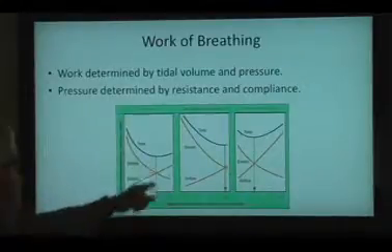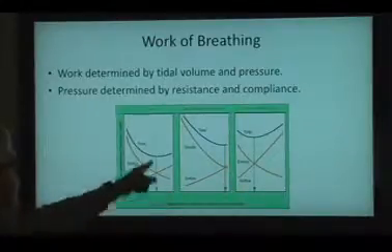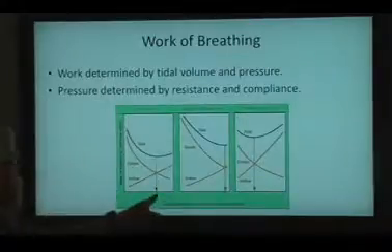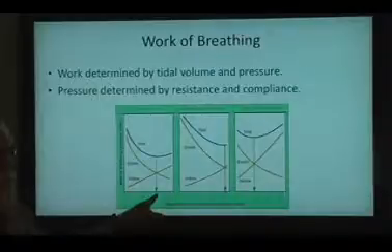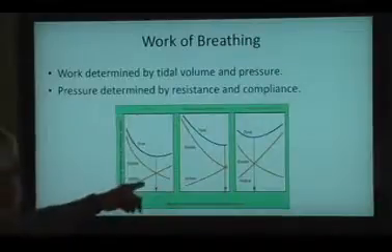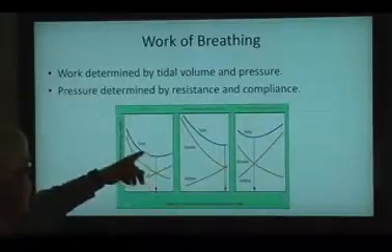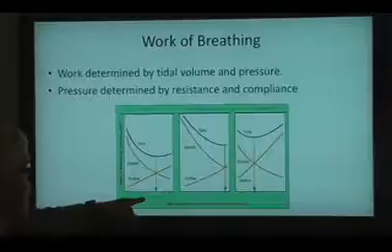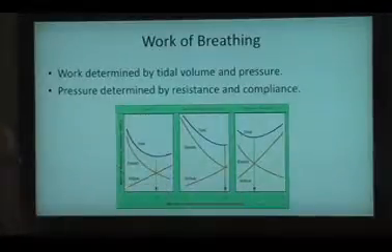For you and me, the work of breathing is the lowest at a respiratory rate of about 15 breaths per minute. You would think that we were designed to breathe at 15 breaths per minute, and essentially we were. Our work of breathing will go up a lot if we try to breathe at a lower rate, and a little bit if we try to breathe at a higher rate.